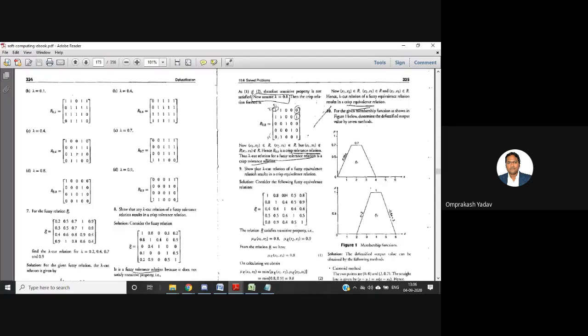Leave 2 pages for that one. Okay, let's try to solve this problem. In this only 2 diagrams are there. So first we'll solve this one.